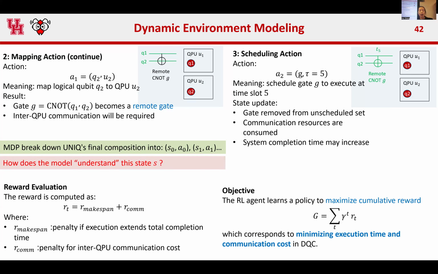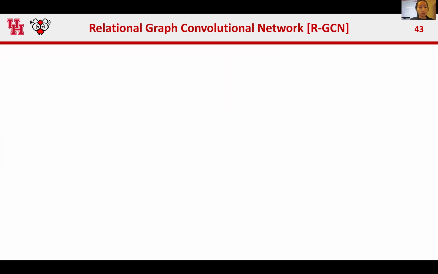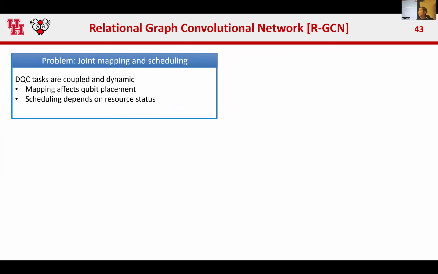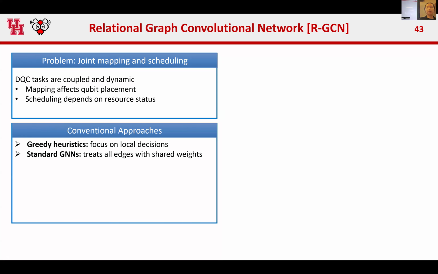The next problem is, how does the model understand this state? The next step is we use the RGCN. The problem is we want joint mapping and scheduling. DQC tasks are coupled and dynamic: mapping affects the qubit placement, and scheduling depends on the resource status. Conventional approaches, for example the greedy heuristic as the second method, still focus on local decisions.